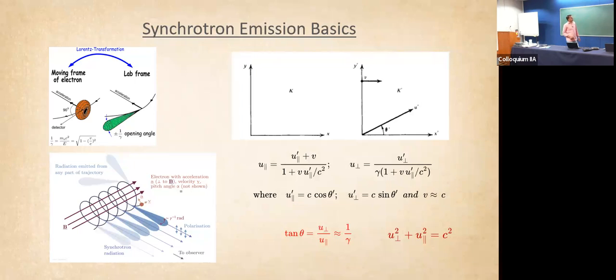If the electrons are already moving in the u parallel direction, and u parallel is almost equivalent to c, then u perpendicular has to decrease. Because of this there is this beaming effect, which is a relativistic effect.